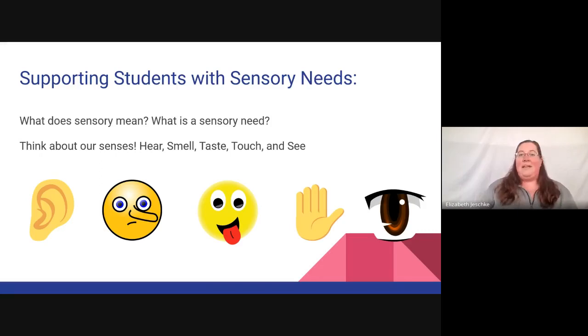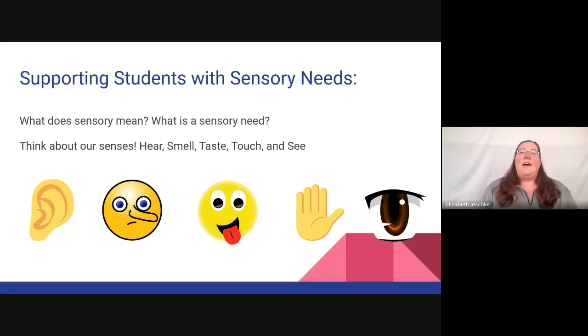You might jump, you might yell, you're going to have something happen, but you're probably going to be able to regulate yourself back down to normal within a matter of seconds. It's not going to take that long to be able to recover from hearing that noise.